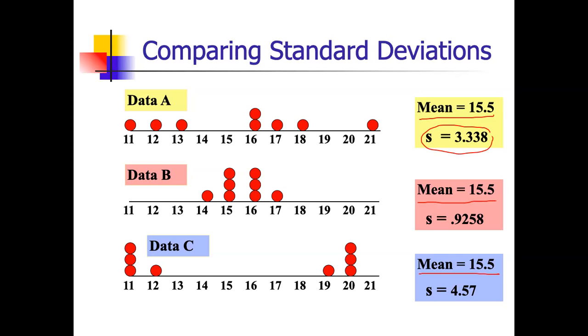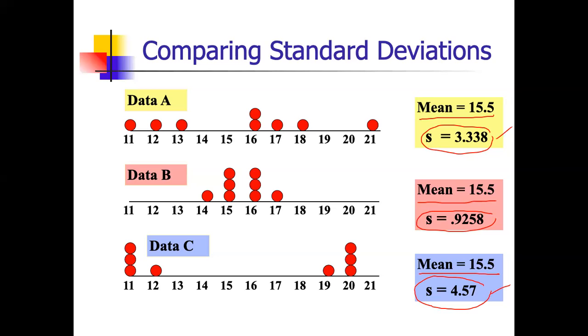The standard deviation of our data B is equal to 0.9258, which is smaller compared to the standard deviation of data A. In the same manner, the standard deviation of the third data set is 4.57, which is the largest among all three of them.